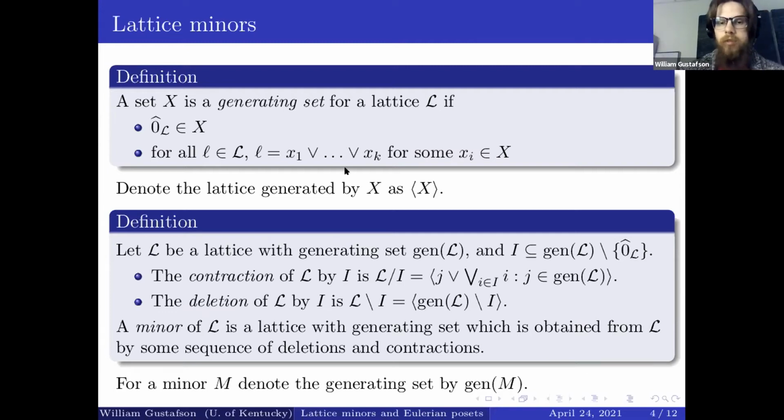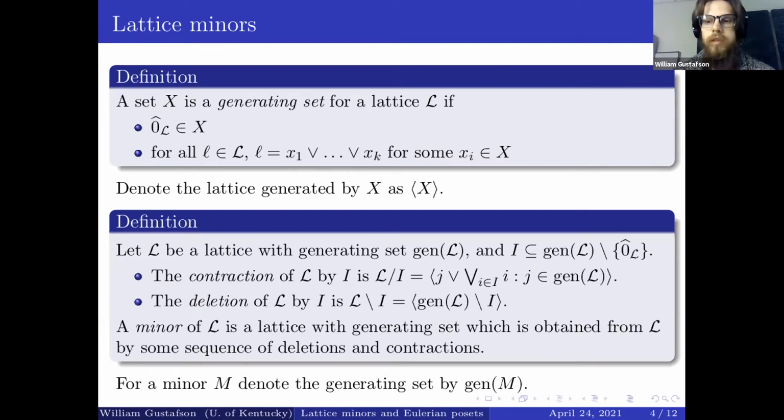With that, the contraction is defined as, loosely, you take all the generators and you lift them up by everything in the set I you're contracting by. So it's defined as the lattice with this generating set. And then the deletion, more simply, you just take out those generators I. We'll refer to anything you get from a lattice L via these contractions and deletions as a minor.